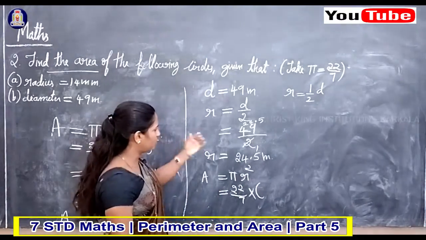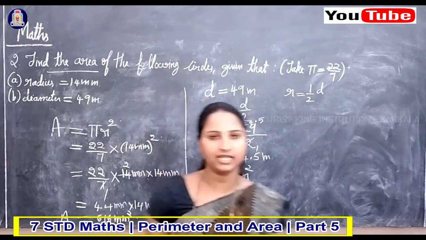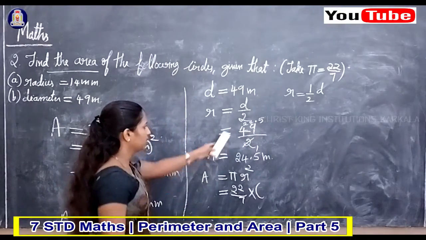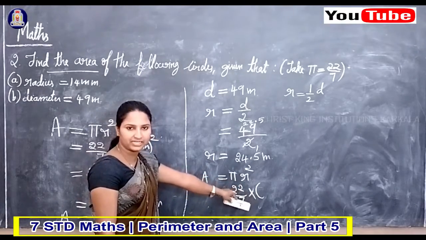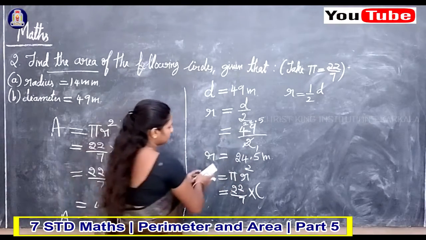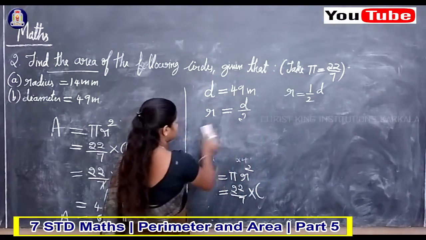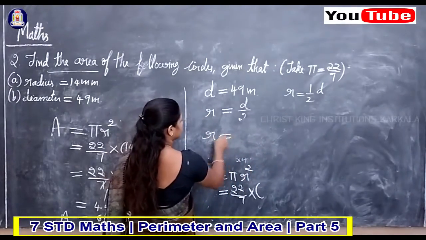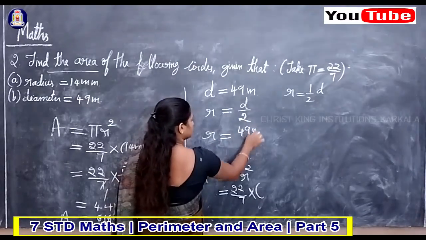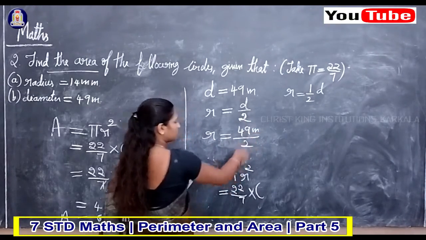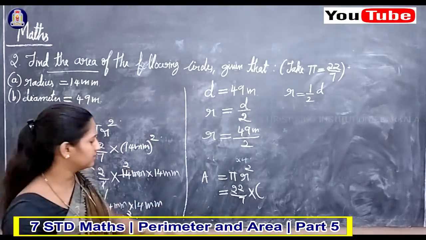So if you want, you can simplify or directly you can substitute. Why? Because if you write 49/2 here directly, 7 divides 49, right? So instead of dividing directly, you can write the radius. Radius is diameter by 2. The diameter is 49 divided by 2. So no need to simplify, write as it is in the substitution.